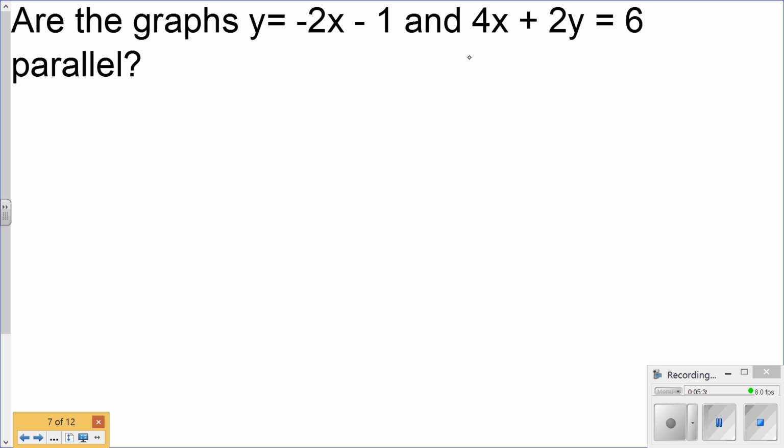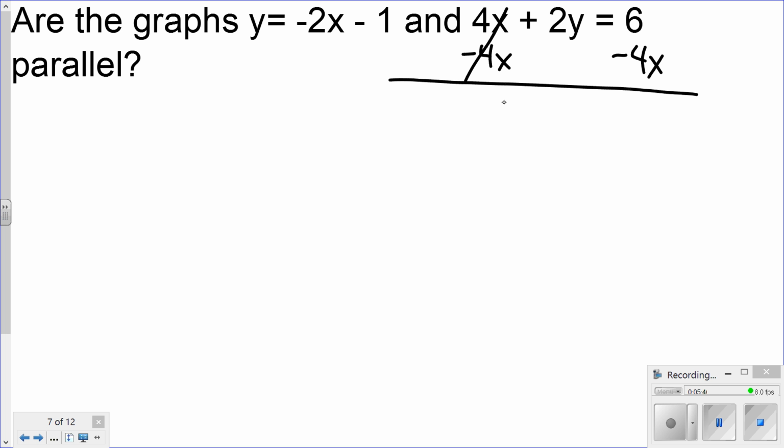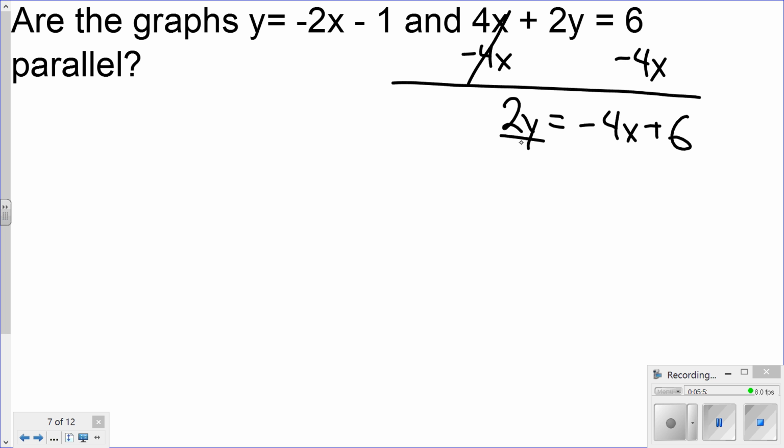So I have to get rid of my 4x, so I'm going to subtract 4x from both sides. And all I have left is 2y equals negative 4x plus 6, and divide everything by 2. I have to get rid of this coefficient.